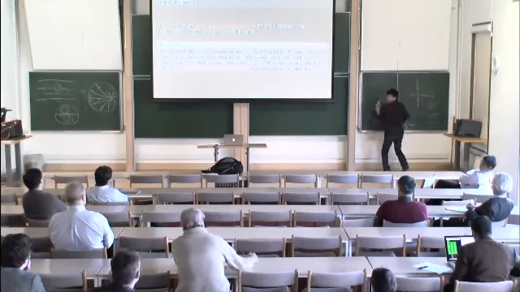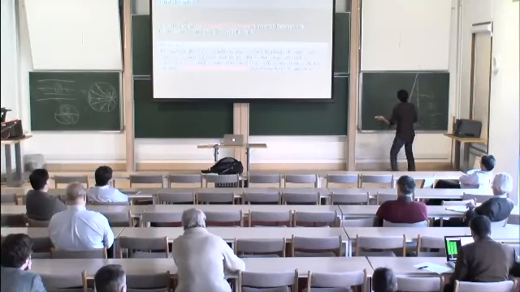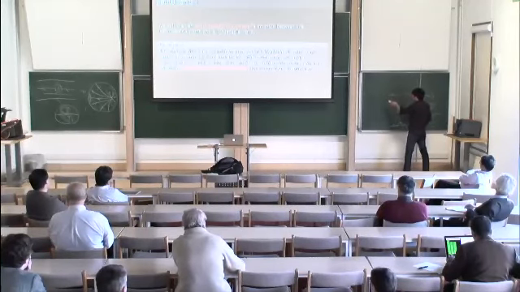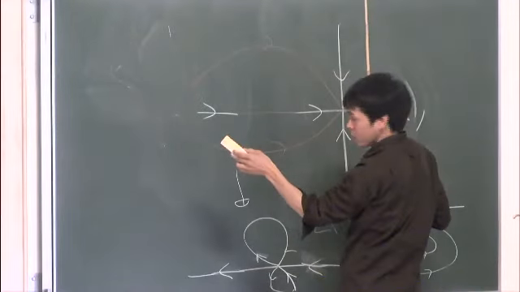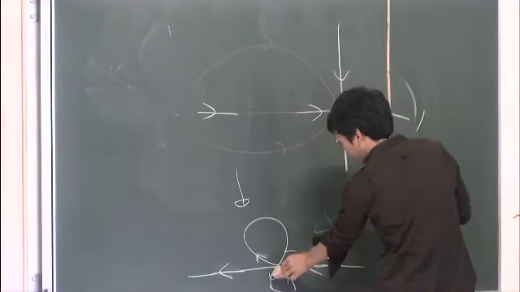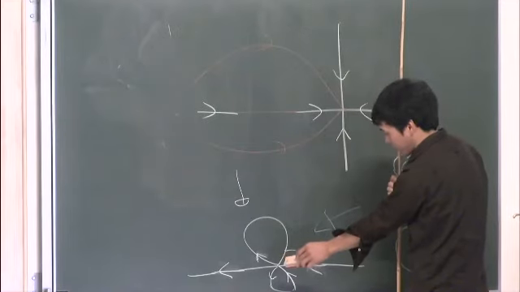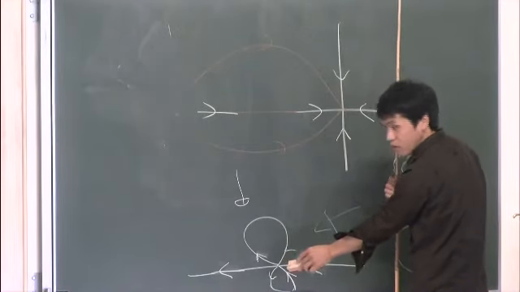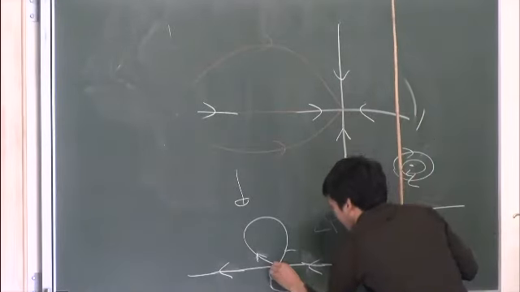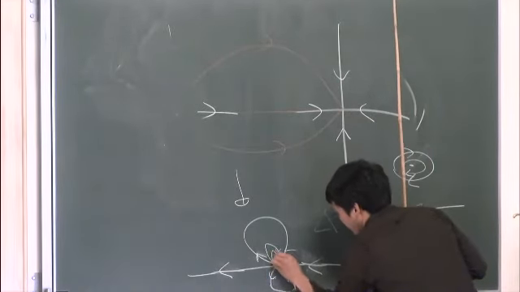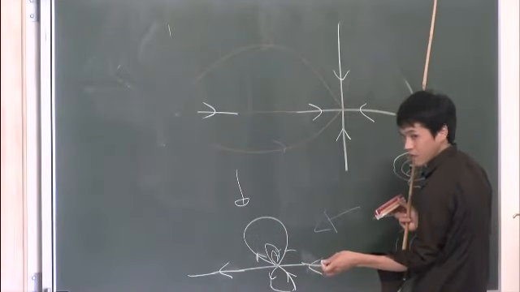In your source sink, does the flow go along the circle? Is the circle a rest point? Yes, this is a rest point. You have a circle, and the two parts of the circle are flow lines? Yes, these are flow lines. But you've blown that up to a point.